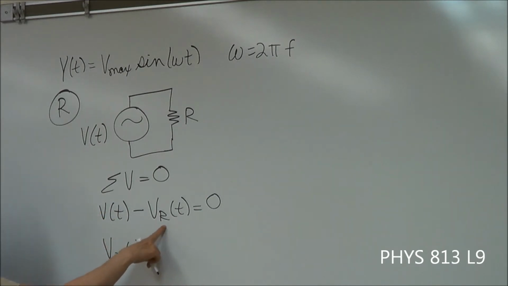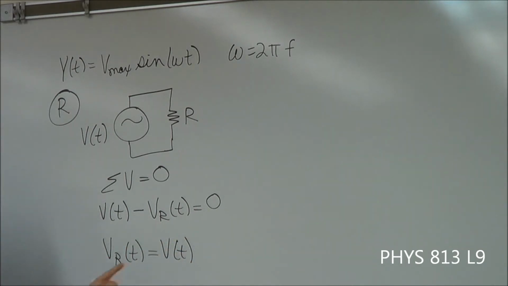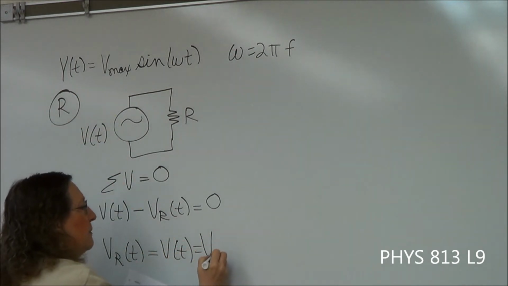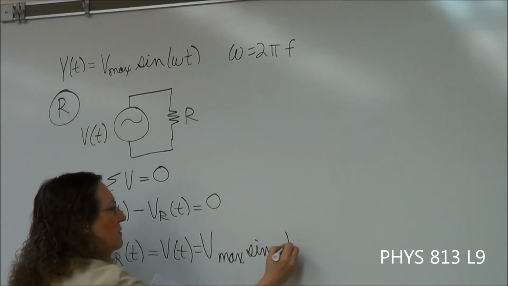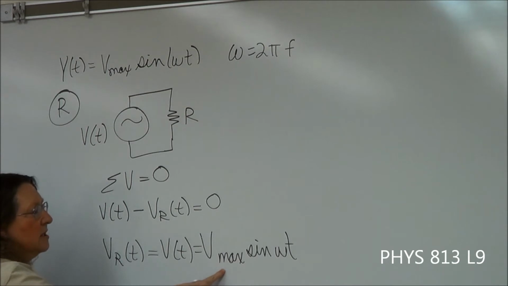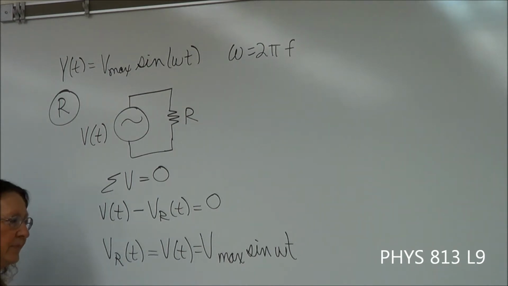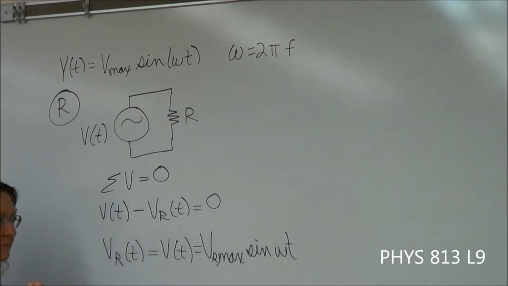So if we solve this for VR, it's just the voltage as a function of time, but we know from up here that this is V max times sine of omega t. Now, at this point, this is just V max, but since I know where we're headed, I'm also going to put a capital R there. So this is the maximum voltage across the resistor.